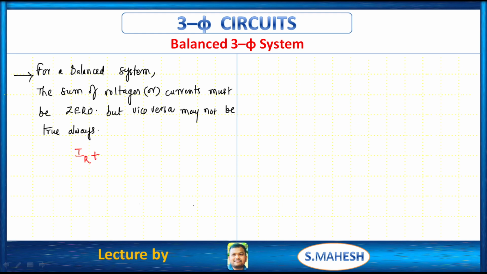Let us say here I am considering some currents, right? The sum of these currents is 0, like that. Okay, then balanced system means what? We have balanced source and balanced load, right?